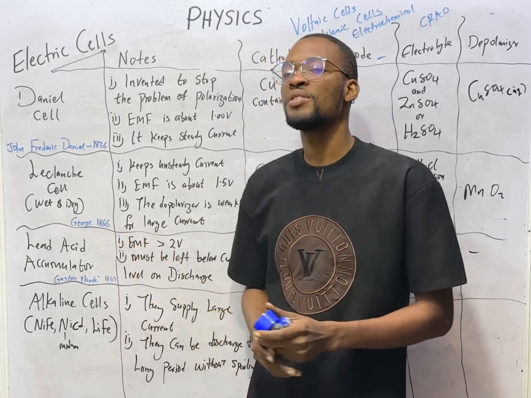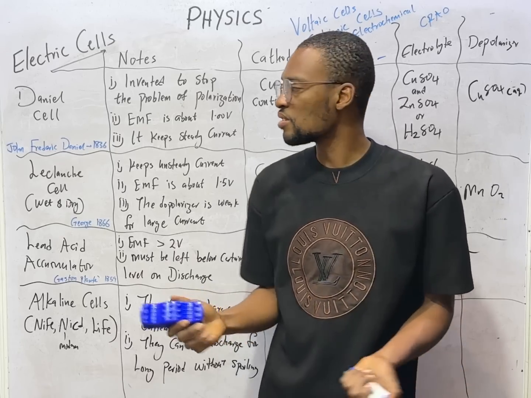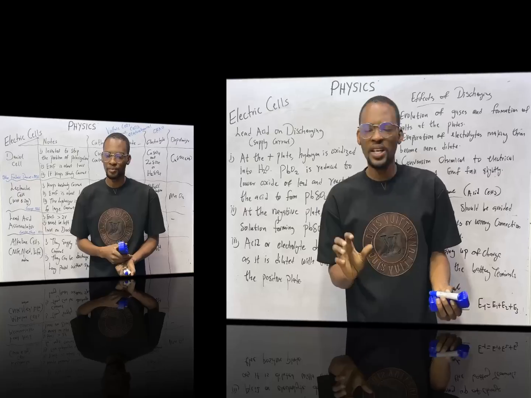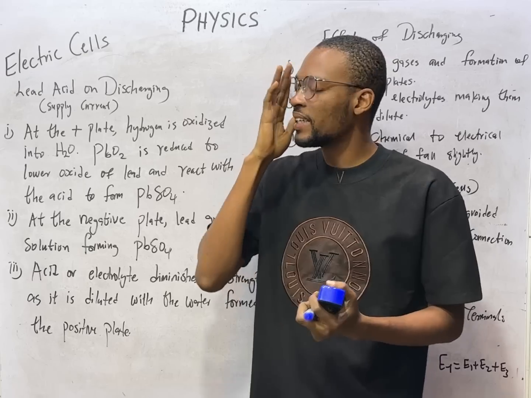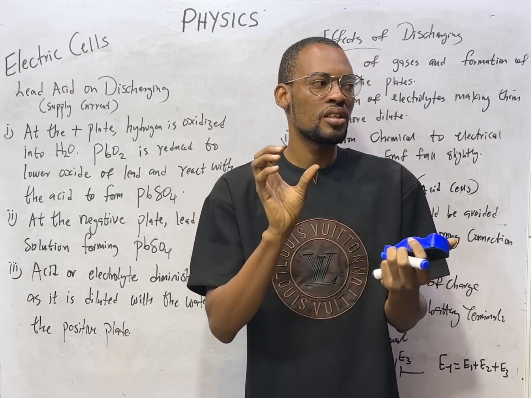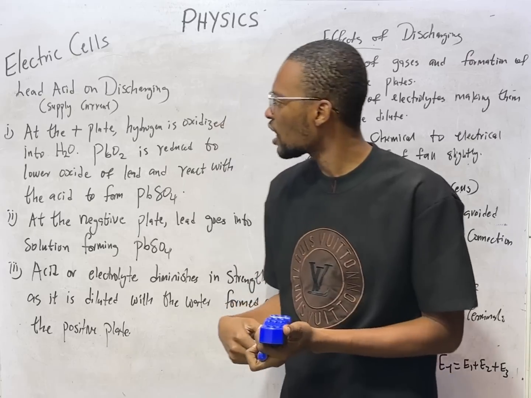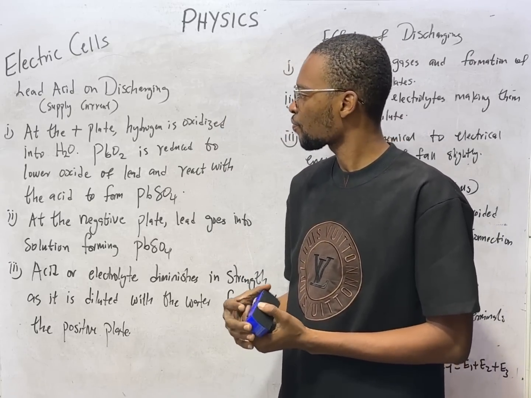And let's see other things you should know when it comes to these cells, these batteries, secondary cells, these voltaic cells. When it comes to discharging of lead acid battery, discharging means the battery is delivering current. There is supply of current. This is what happens during the discharging of lead acid.